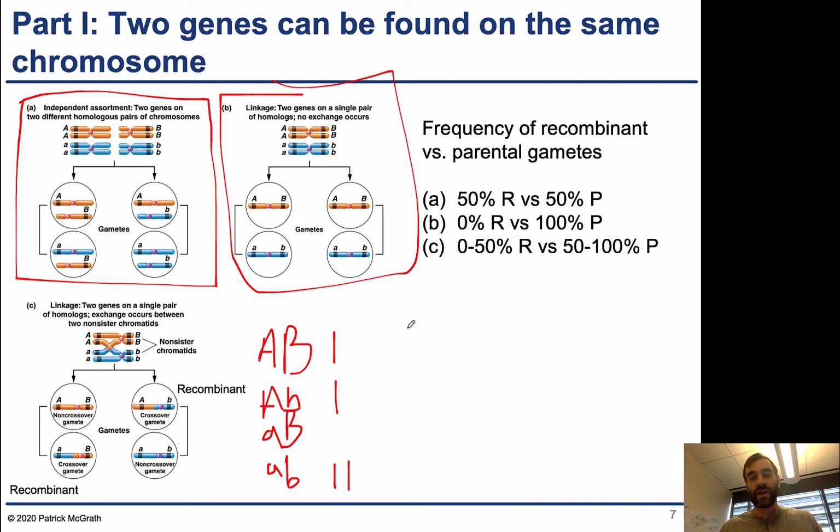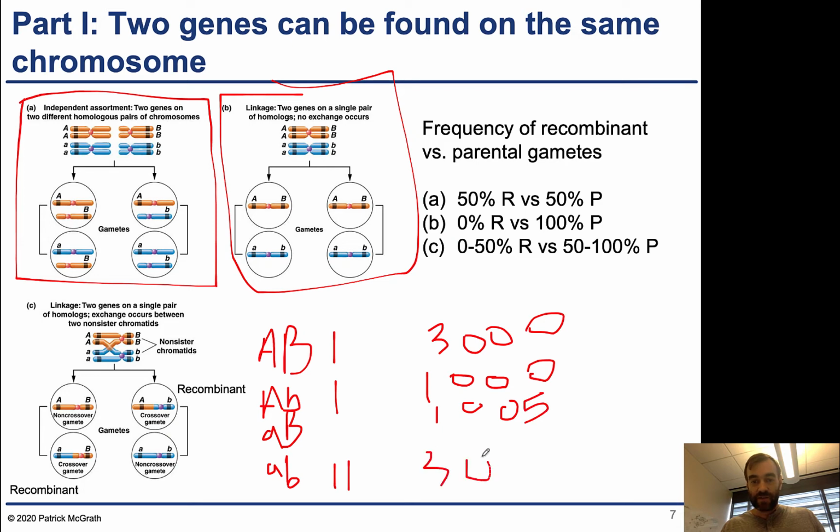And we just continue to tally. We might get a number that looks something like 3,000, 1,000, 1,005, just to make it clear that they can be different numbers, and 3,054.